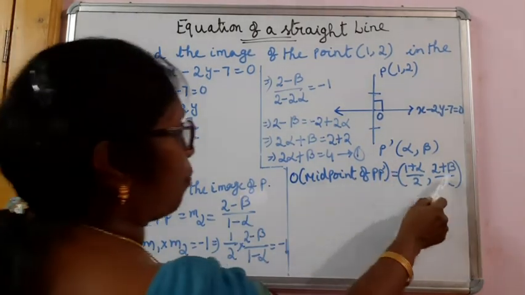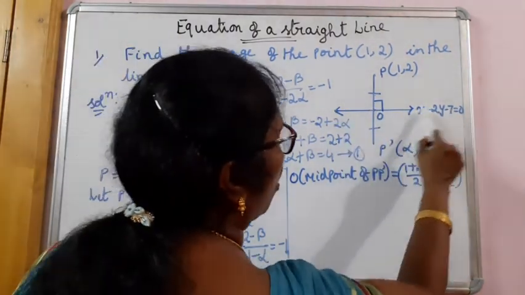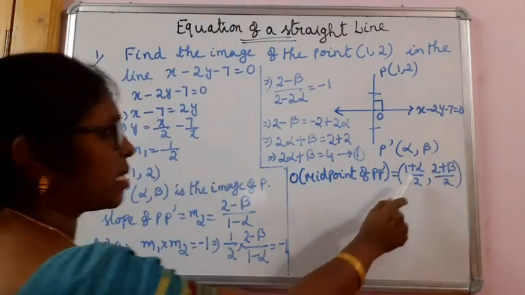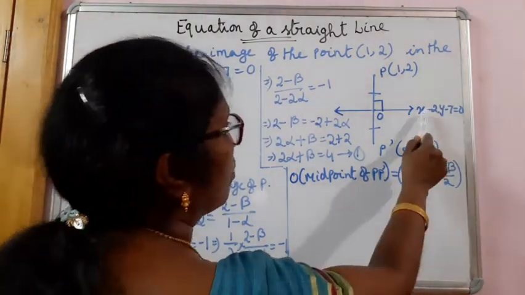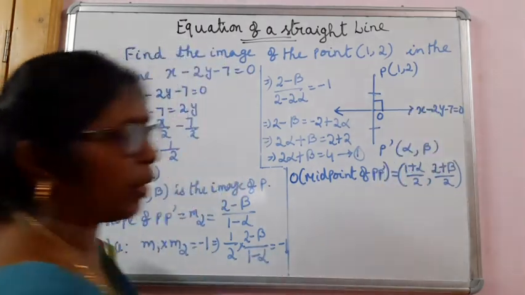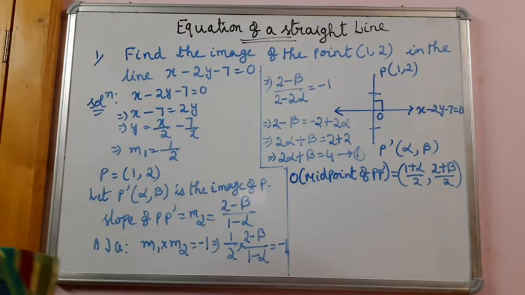And this point O lies on this line. That means these 2 coordinates satisfy the equation x minus 2y minus 7 is equal to 0.